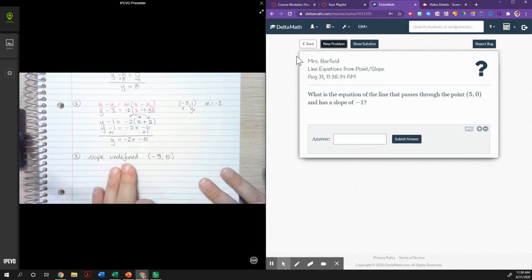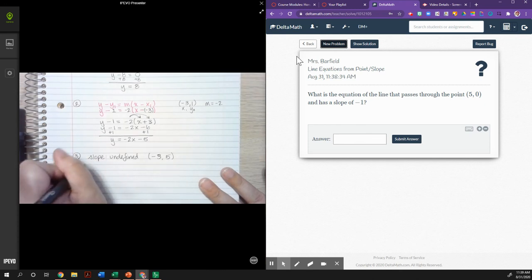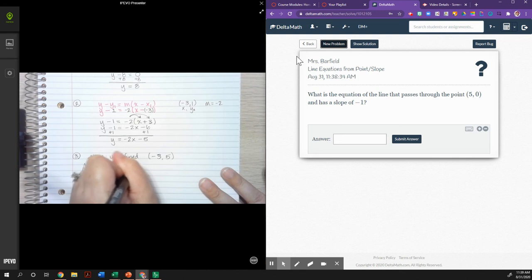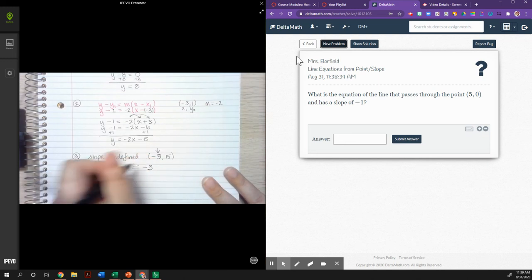If they say the slope is undefined, at any time, and then they give you a point, passing through a point of negative 3, 5, your answer is always, and it's real simple, x equals. If the slope is undefined, you're always going to write x equals. You're going to take the x value right here, and the equation of your line is x equals negative 3.